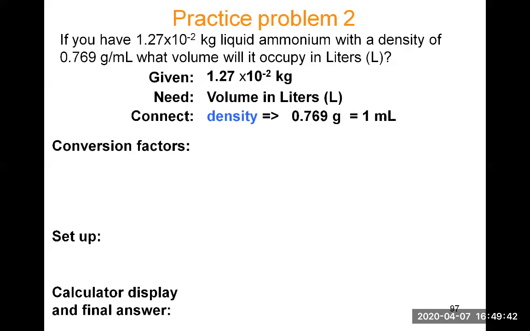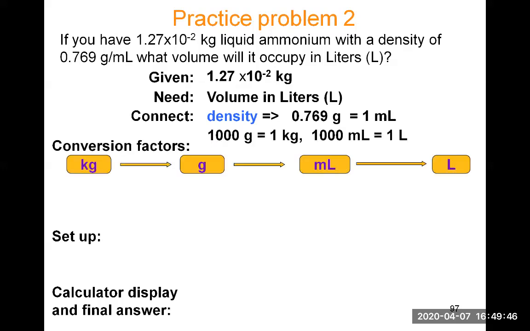From kilograms, we will need to change that to grams. And from the grams, using the density, we will change the grams to milliliters. And then we will need to finally change the milliliters into liters. So we will need 3 conversion factors, right? Because the density does not have the same units as what the question is asking and what the given amount is.